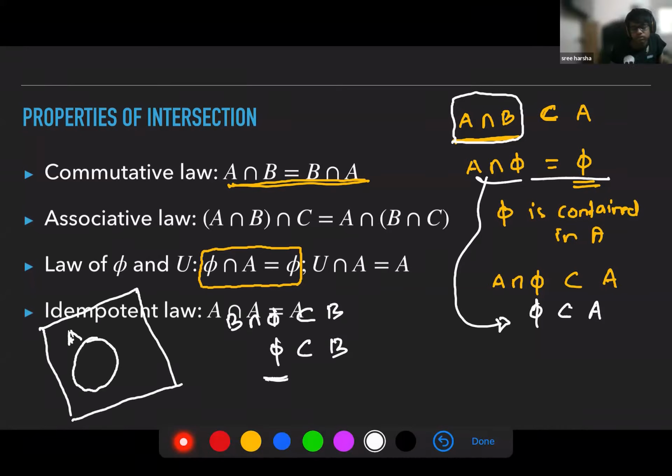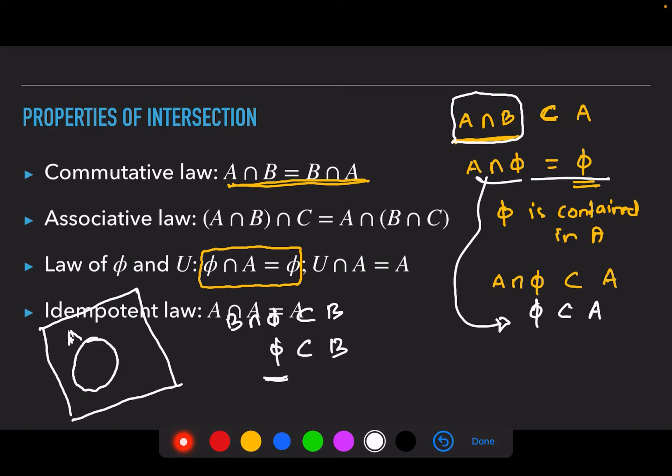So if I have an empty set, it's like a dot, a circle of 0 radius, because I cannot place any element in that. Now that can be inside A. You understand? That can be inside A. But it doesn't make an intersection, right, sir? Because it is a hole in that.